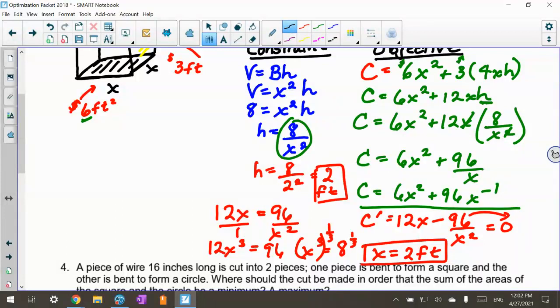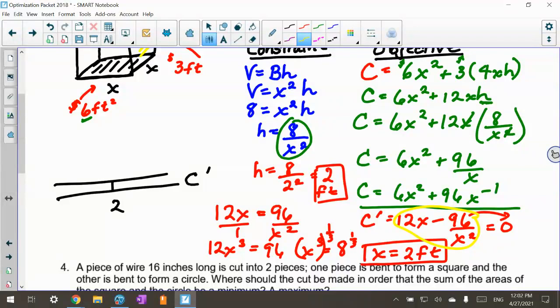Now, before I continue on, I should make sure that the 2 in my C prime is actually a minimum. And remember, when you do that, you should put this right in your calculator and look to the left and right of 2 to make sure it really is a minimum cost.